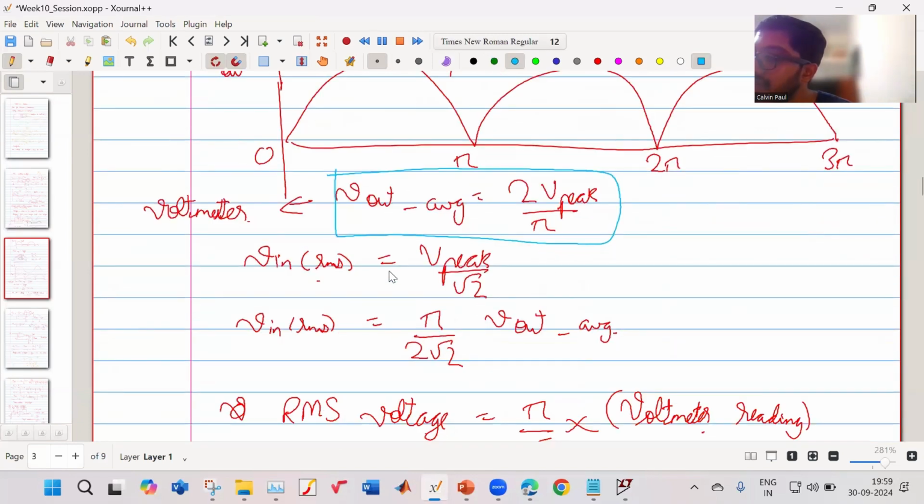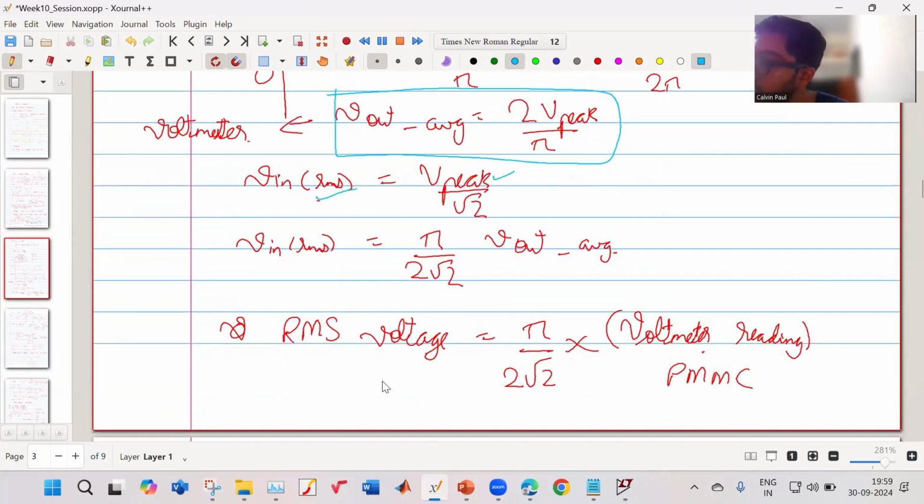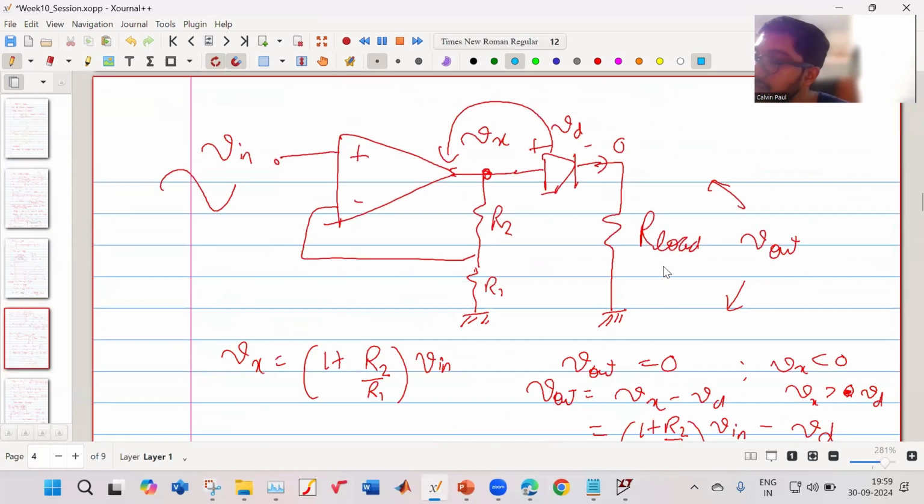And then it is given by V peak, but V peak has to be converted to RMS, right? So that is how we can get the RMS voltage in terms of voltmeter reading.